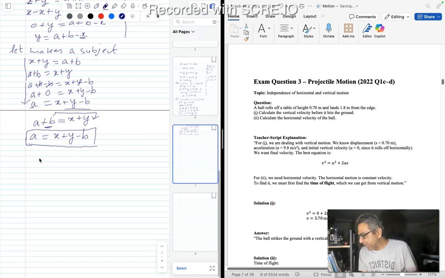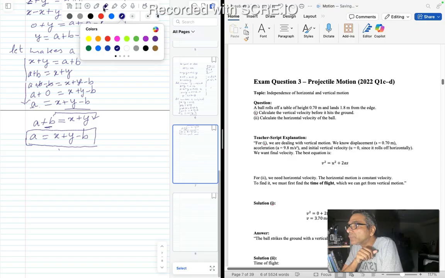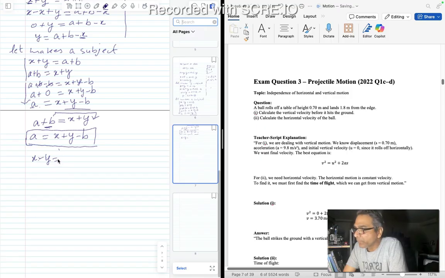Now, take an example where we have, okay, let's say, x minus y equals 3, right?